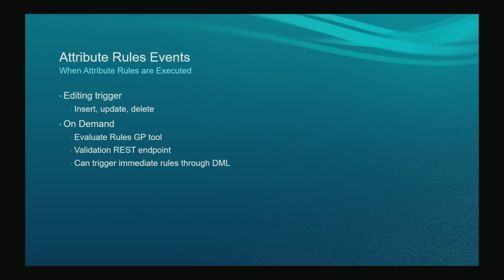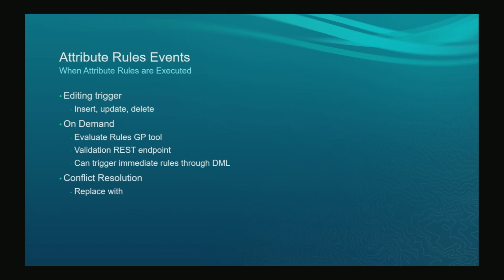We use the validation service and the error inspector to do that. You would run a button called Evaluate, and based on an extent or full extent, it will run all of these. Just watch out for this because when we're evaluating something, that evaluate may trigger other immediate attribute rules through a DML. So just watch out for that.